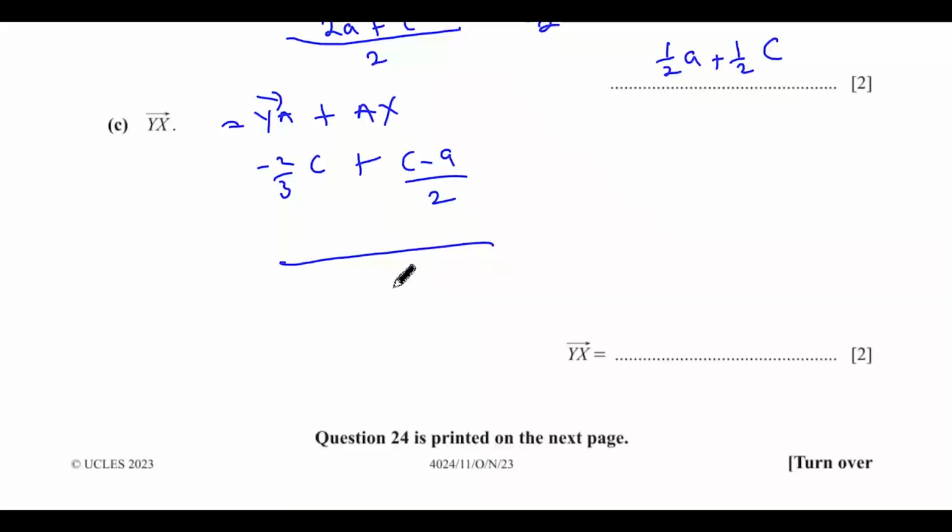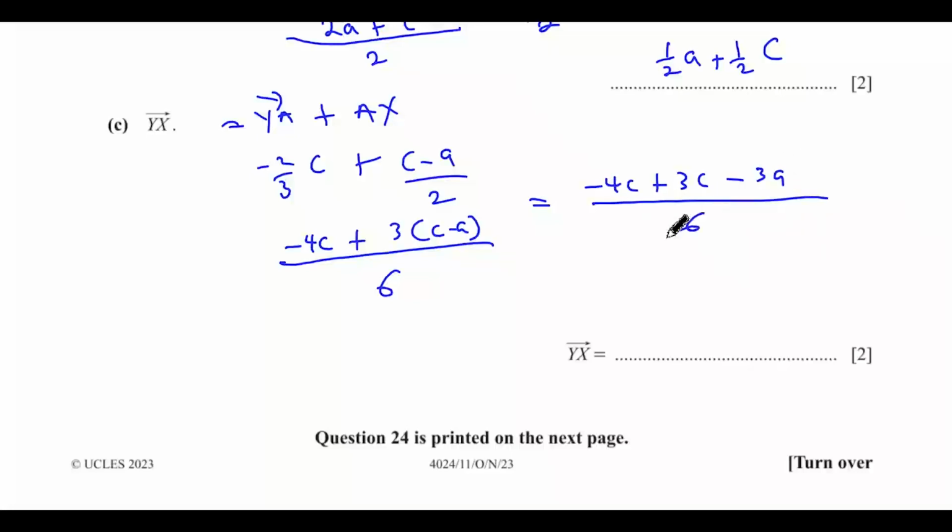The LCM of 3 and 2 is 6. 6 divided by 3 is 2, so 2 times negative 2C will be negative 4C, plus 6 divided by 2, that will be 3, so we have 3 multiplied by C minus A. Let's expand the bracket. We have minus 4C plus 3C, then minus 3A, everything over 6.